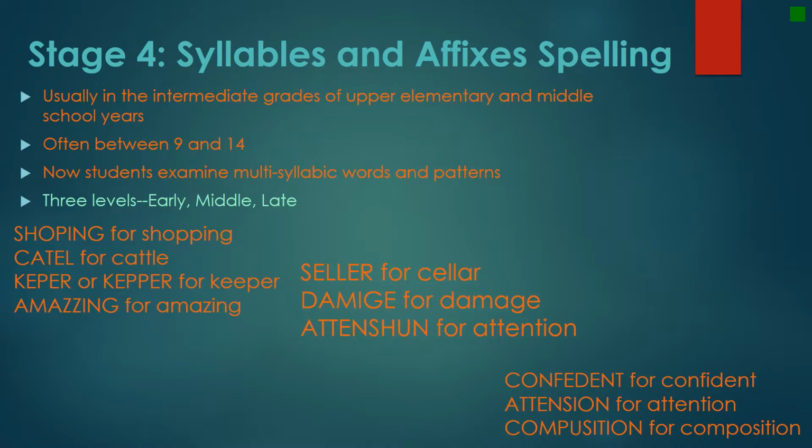You can see that at the early stages, when they add a suffix like ing, they may not know yet to double the p. When they spell cattle or other words that have the le, they may switch around the e and the l. They're not perfect at understanding how to use vowels to be more predictable.